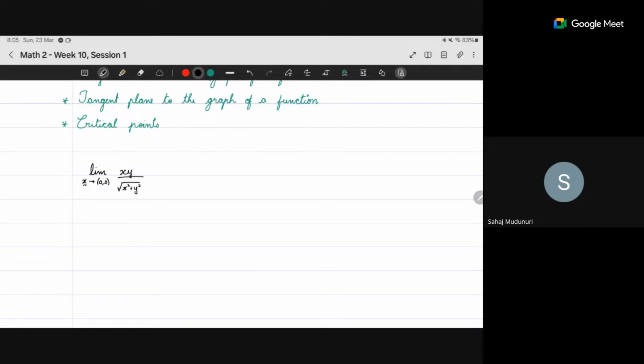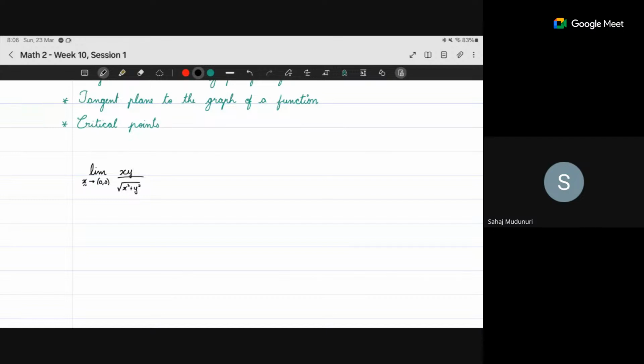Ma'am previously told in our lecture that we should analyze what this approaches from y equal to x, the x-axis, the y-axis. Is it square root of x square plus y square, or is it just x square plus y square? I don't remember the exact question. I forgot to note it down.